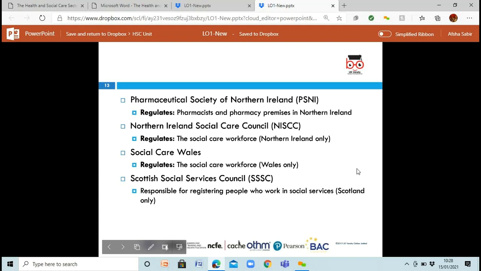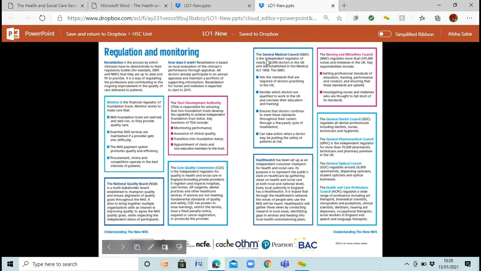Now I'm going to go on to something called revalidation. This is a little excerpt that we've put in from the various books and resources that you can read. It's quite a nice little overview of some of the things and services that are followed. Right at the top, we've got revalidation.